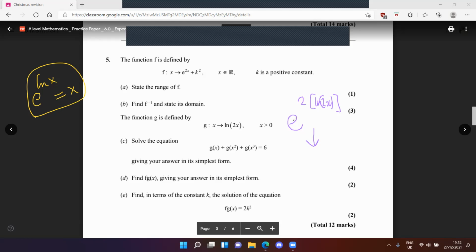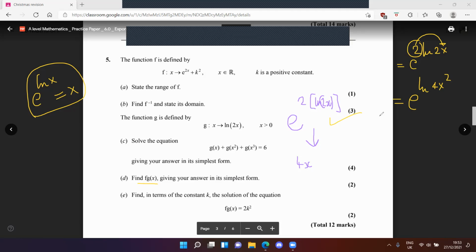So now look carefully. What we were doing is f of g of x. So e to the ln 2x is 2x. Now can I write e to the power 2 ln 2x as e to the power ln 4x squared?